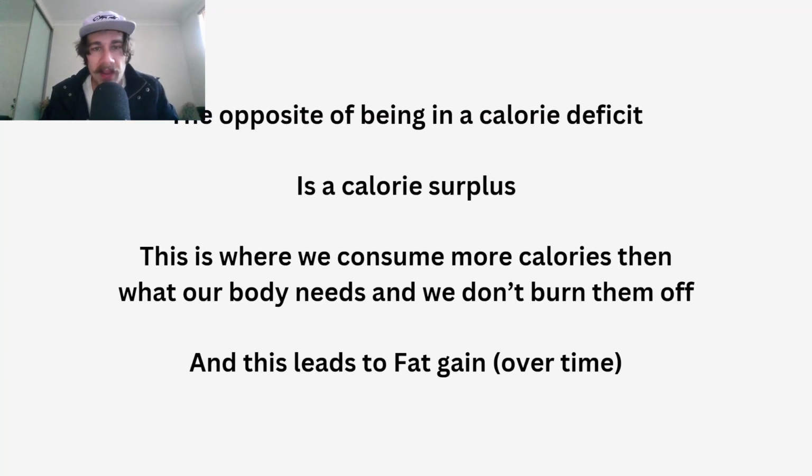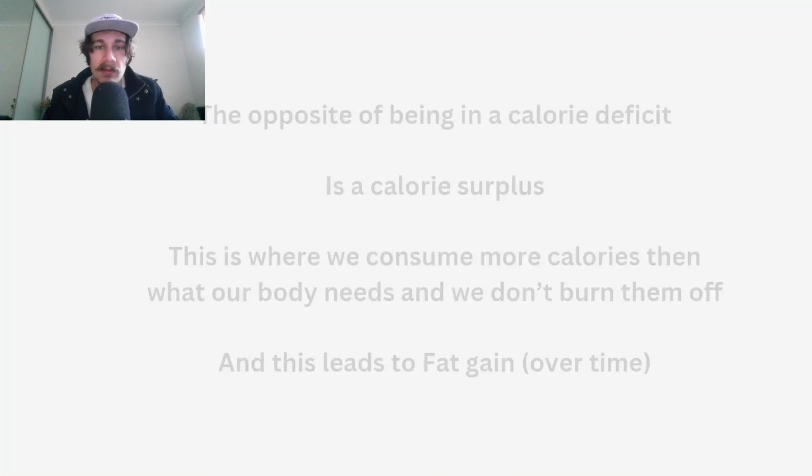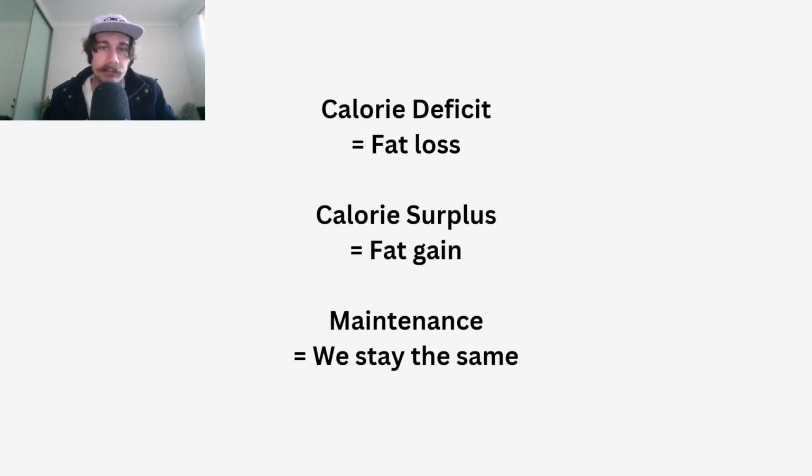The opposite of being in a calorie deficit is a calorie surplus. Now, this is where we consume more calories than what our body needs on a daily basis, and we don't burn them off. If you do this, then you're going to end up gaining fat over time if you consecutively eat in a calorie surplus.